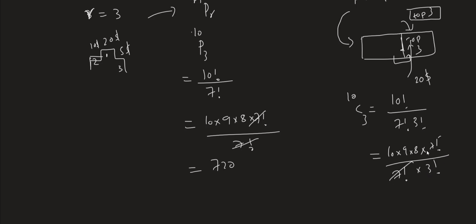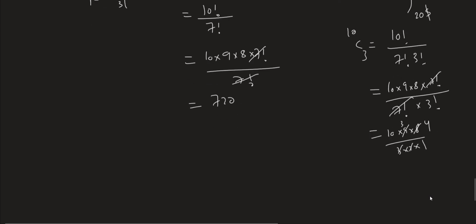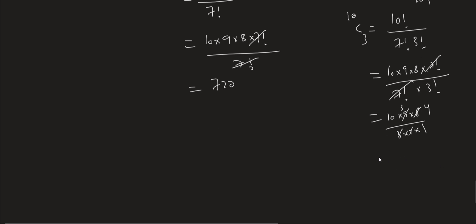So this and this will cancel out. This will be 10 times 9 times 8 divided by 3 times 2 times 1, which is 6. So we'll have 3 times 3 is 9, 2 times 4 is 8. All we are left with is 120.